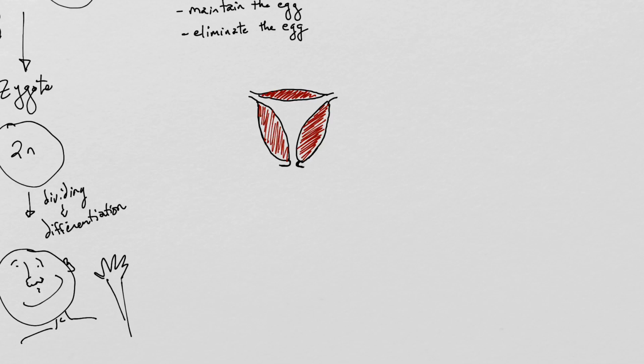So this red nutrient-rich area that we just drew here is the endometrium. And the endometrium is the lining of the uterus.